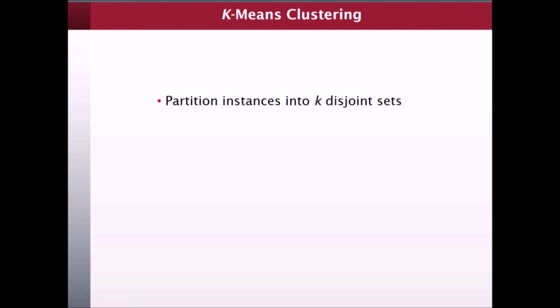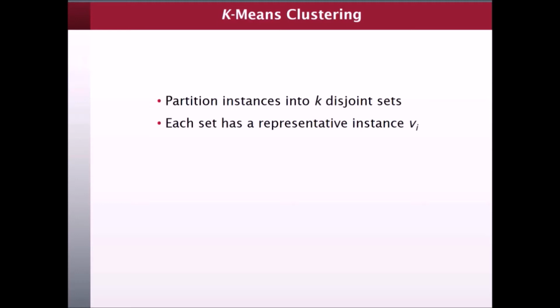So we partition the data points into k sets. So k is predefined, the number of sets that we're looking for, and every set has a representative instance or data point, which we refer to as v sub i for the ith set or cluster.